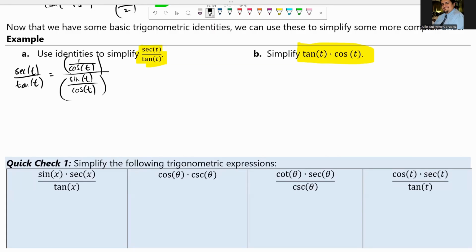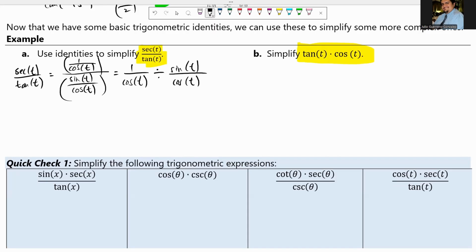So the very first thing that should come to mind when you do something like this, at least for now, is to try to reduce everything back to sine and cosine. So this is equivalent to 1 over cosine of t, divided by sine of t over cosine of t.